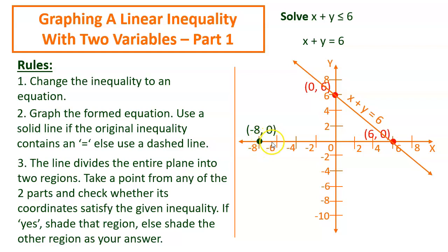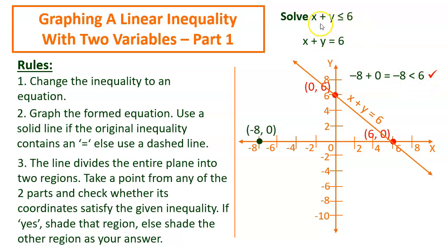And what will I be doing? This is x equals negative 8 and this is y equals 0. So I will be substituting these two values of x and y in the given inequality. Negative 8 plus 0 is negative 8, which is less than 6.